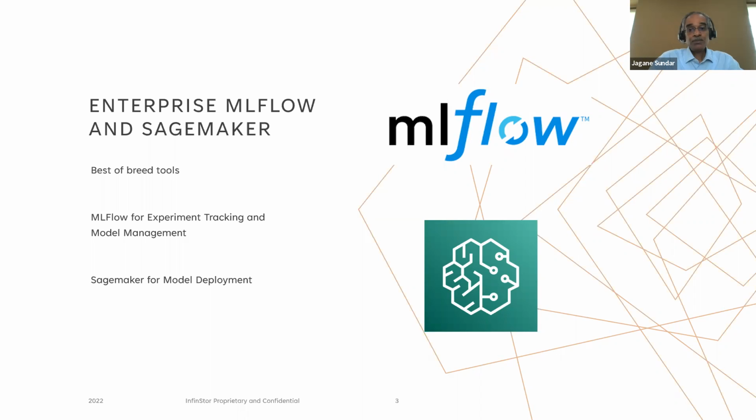Now, this is a complex set of tasks, and the amount of capability that you get in the system is quite astounding, but it's all possible by means of a few commands typed into both MLflow and SageMaker, and it's a wonderful state of affairs. So we'll go take a look at that.